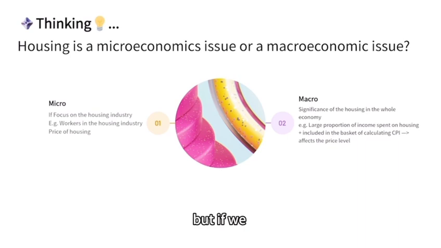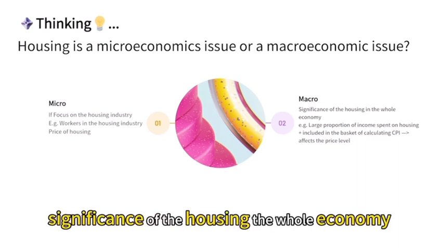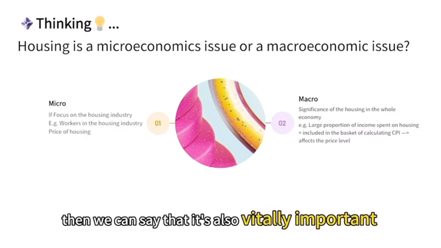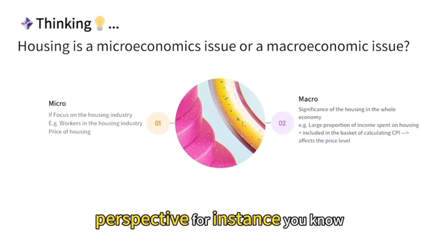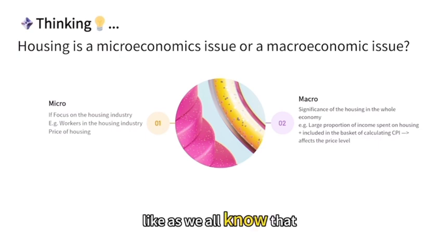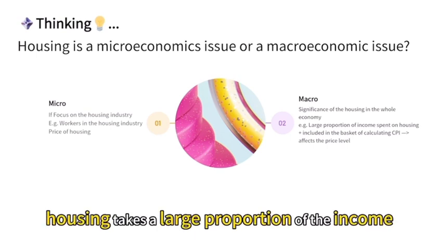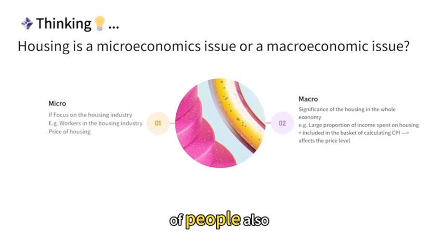But if we focus on the significance of housing in the whole economy, then we can say that it's also vitally important from a macroeconomic perspective. For instance, as we all know, housing takes a large proportion of people's income.